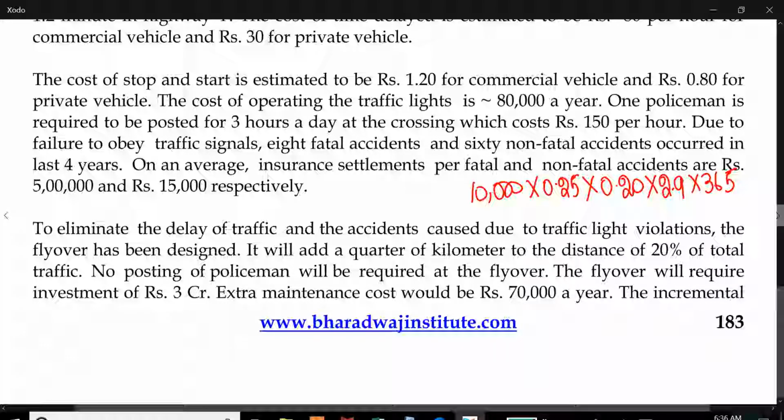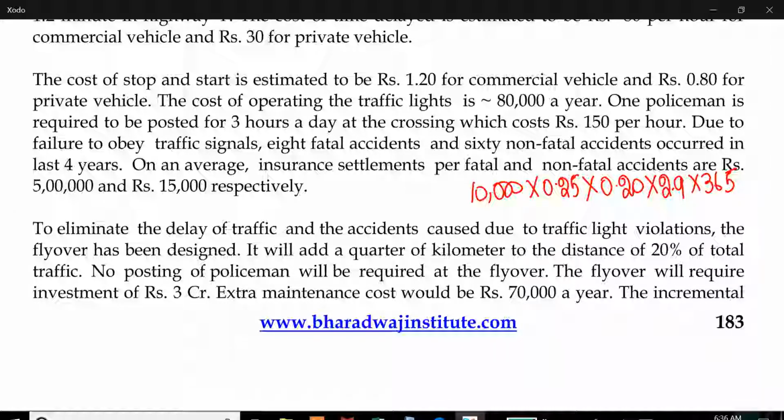This will be for all 10,000 vehicles, because be it a delayed vehicle or a non-delayed vehicle, everyone's distance will go up. 10,000 vehicles into a quarter of a kilometer, which is 0.25, into 20% of the distance, into 2.9, which is a blended number, into 365.